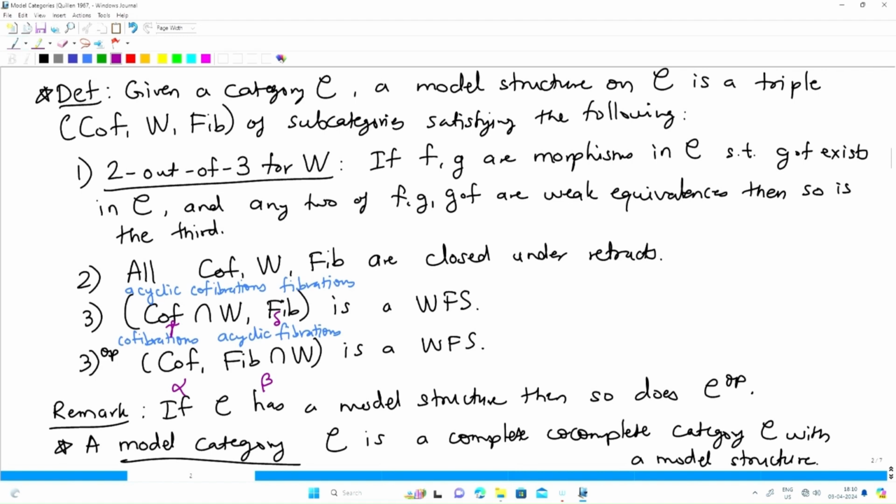Waldhausen categories only have cofibrations and weak equivalences. They don't have the concept of fibrations. No, they have different properties. It's not the same setup. So here the cofibrations and weak equivalences do not have those properties that we have. Waldhausen's construction is entirely different.